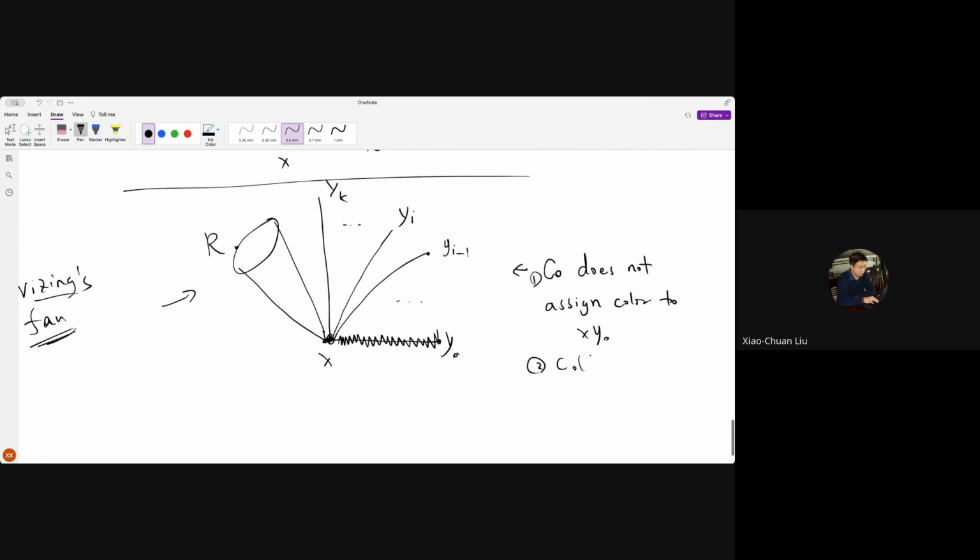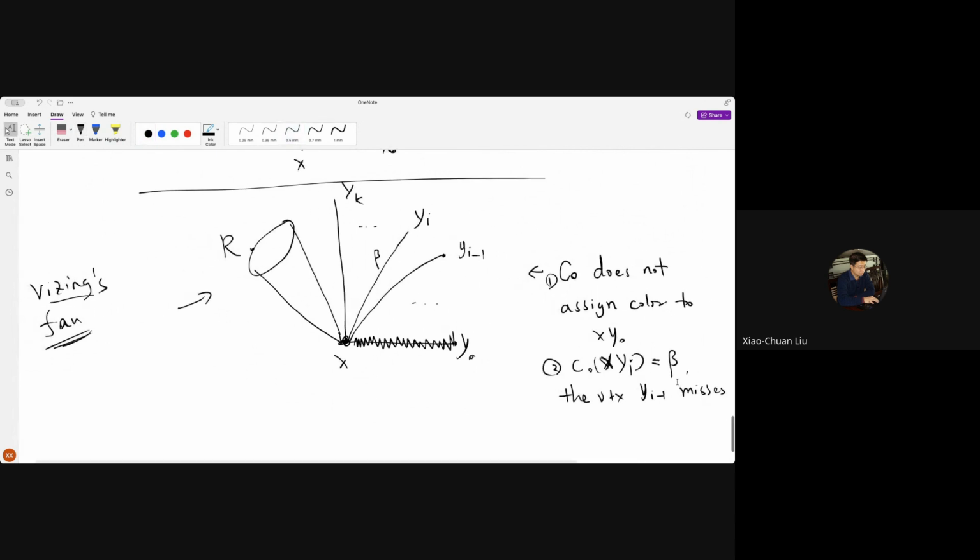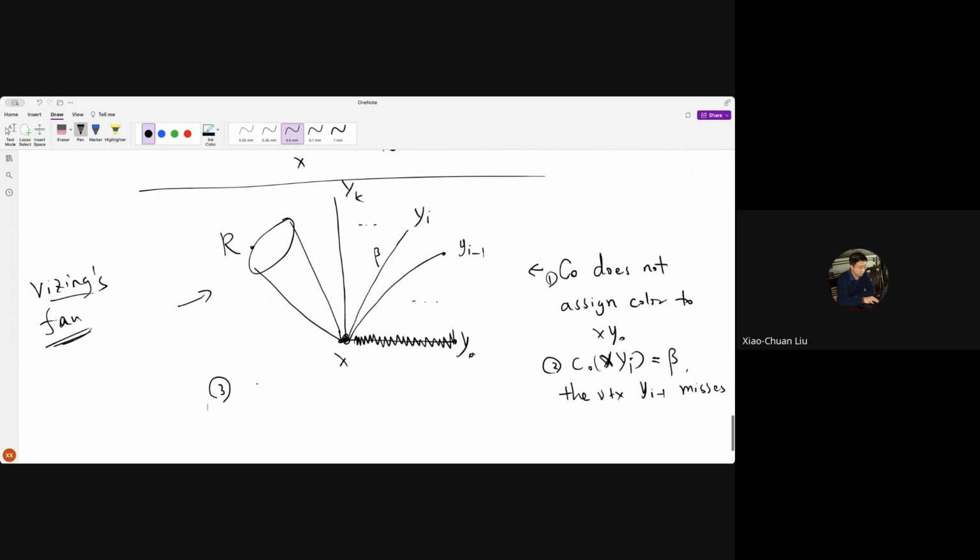C0 of x yi here, for example, beta. If C0 gives x yi the color beta, it means that the vertex yi minus 1 misses beta.